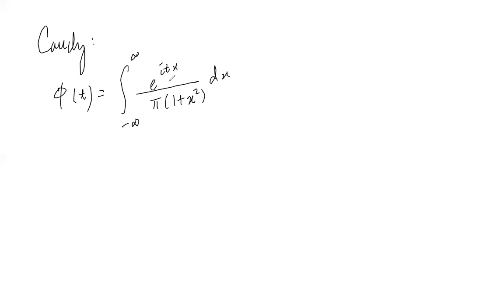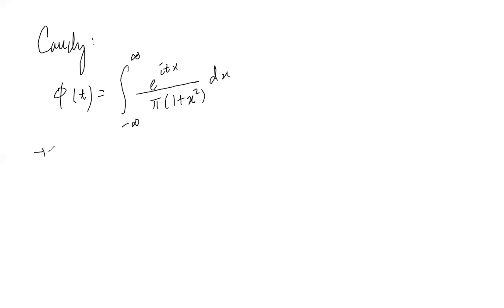For the Cauchy, your phi(t) will be something like this: the integral of e to the itx times 1 over pi times 1 plus x squared, dx. This one you cannot find directly.